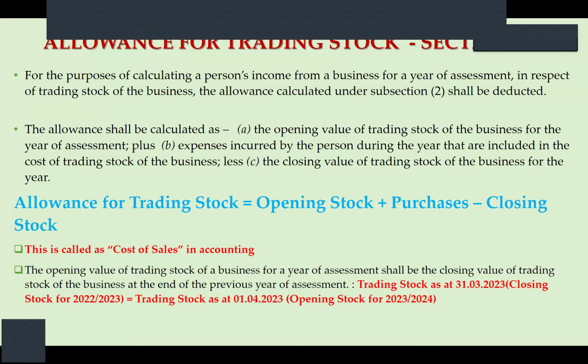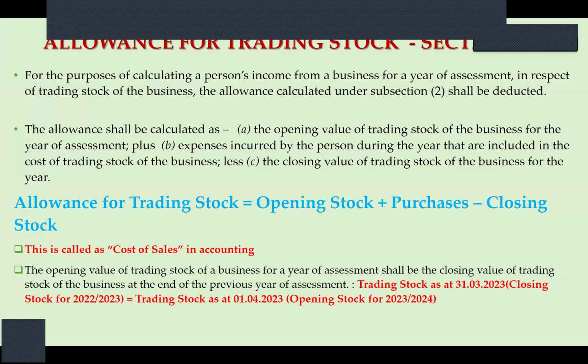That means at that time we considered the total amount we received by selling that trading stock, not the profit. For the calculation of business income, assessable income from business, we have to consider the profit. If we are considering the total consideration received for that trading stock, then definitely there should be a deduction for the purchased value, that means for the cost.